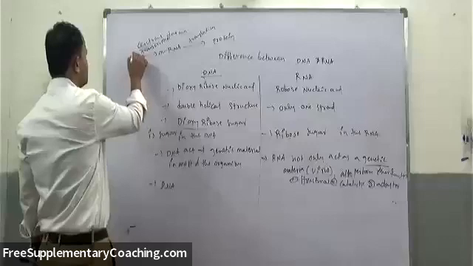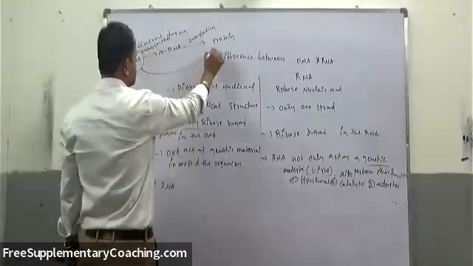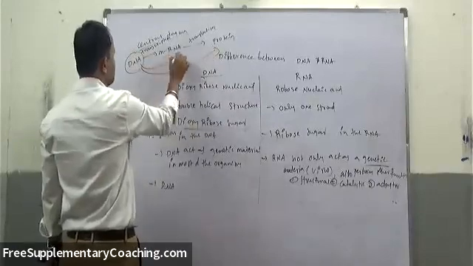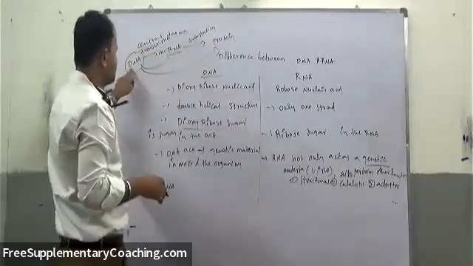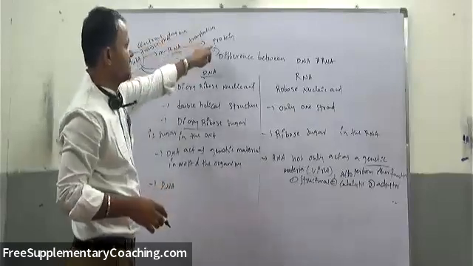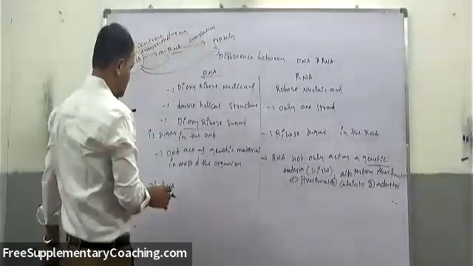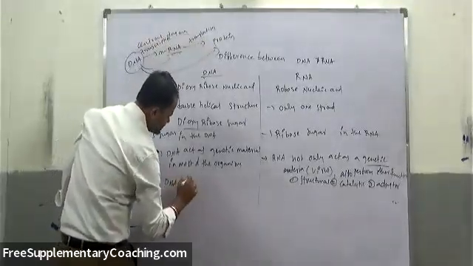See, this DNA depends on what? This DNA does not directly synthesize the protein. This DNA depends on the RNA. Then RNA synthesizes the protein. So for protein synthesis, DNA depends on RNA.